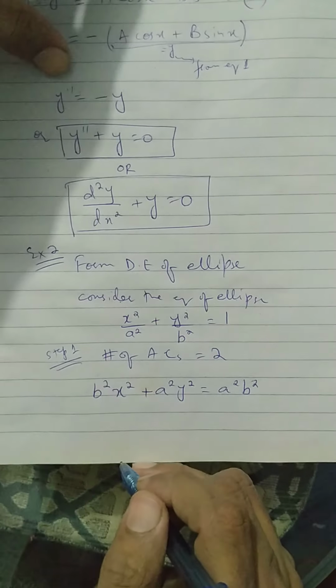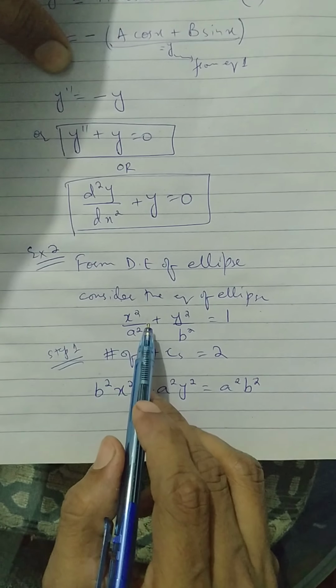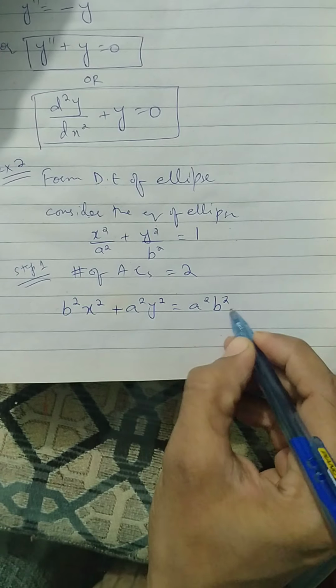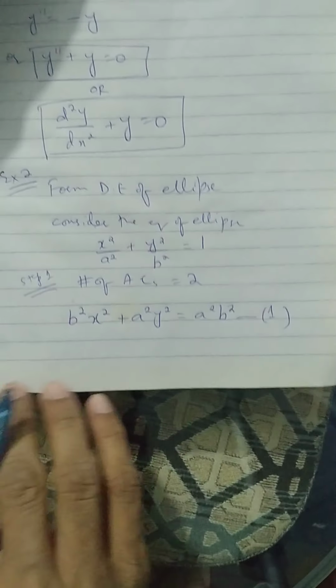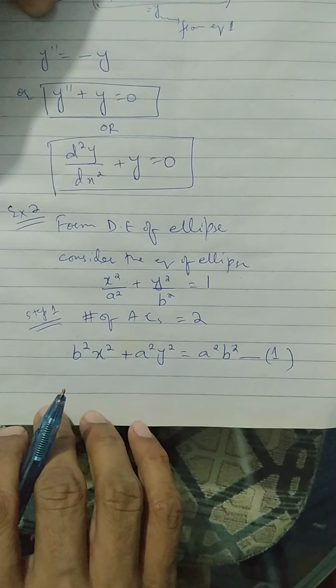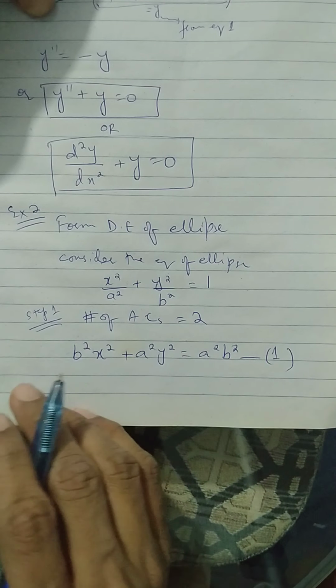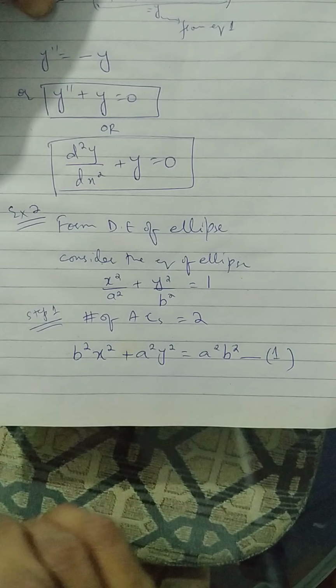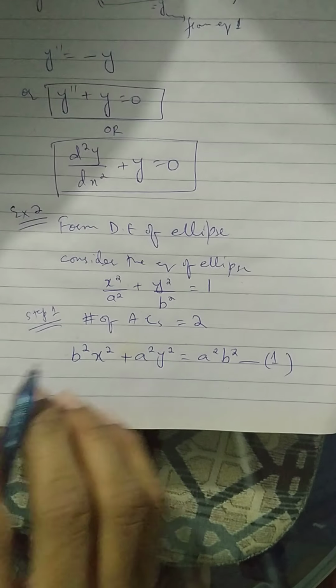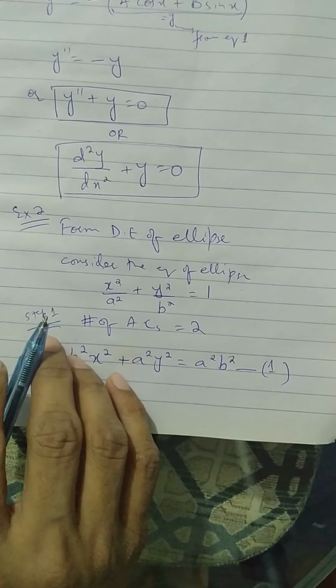This is only a simplification of the above equation, and I am calling it equation number 1. Now I have to differentiate equation number 1 two times, because we have two arbitrary constants here.